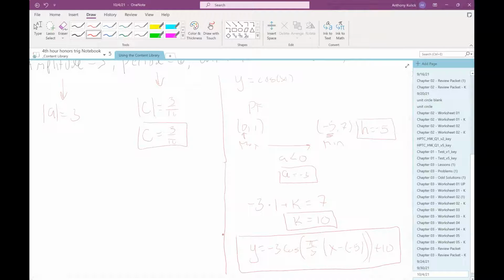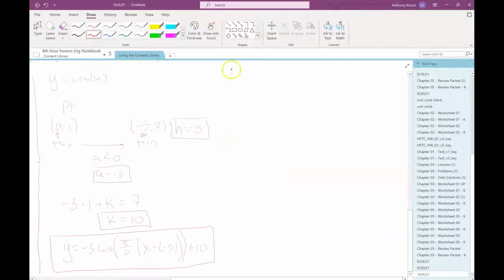Because when I'm doing the mapping that I'm describing, I have to go extreme point to extreme point or midline point to midline point. I can't take a midline point and take it to an extreme point or vice versa. So you'd pick one of the different key points from cosine. Yeah, which is what we're going to have to do with sine, right?